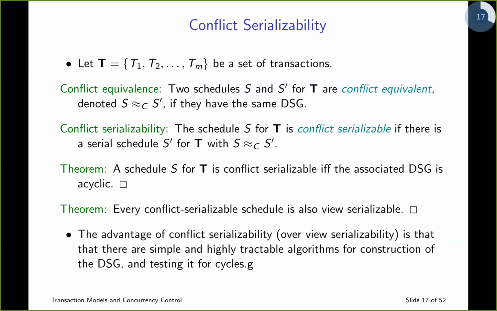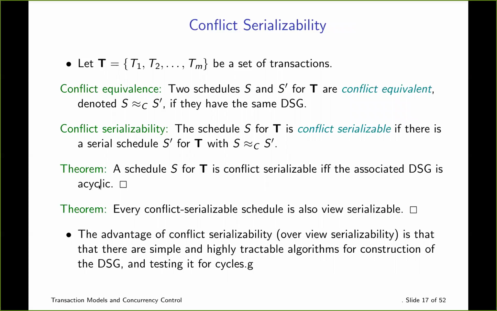So conflict serializability basically says that two schedules are conflict equivalent if they have the same DSG, and a schedule S is conflict serializable if and only if the associated DSG is acyclic. So if it's acyclic, then we know that it's conflict serializable.